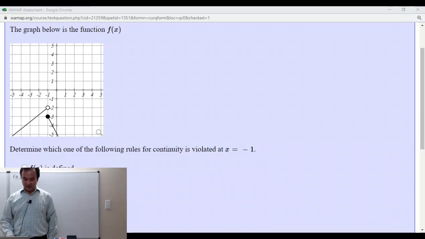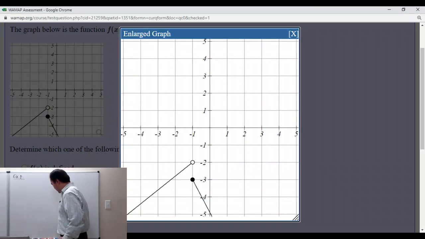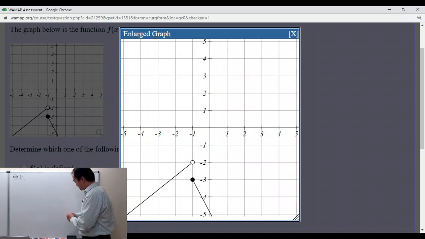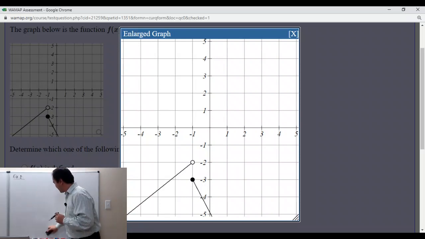All right, so for the graph of f of x, let me find a way to bring up the graph here. The way it looks, f of -1 has a value.